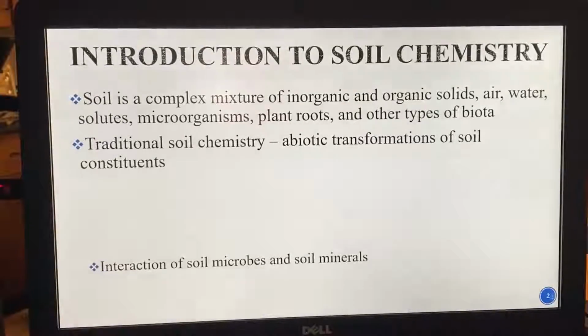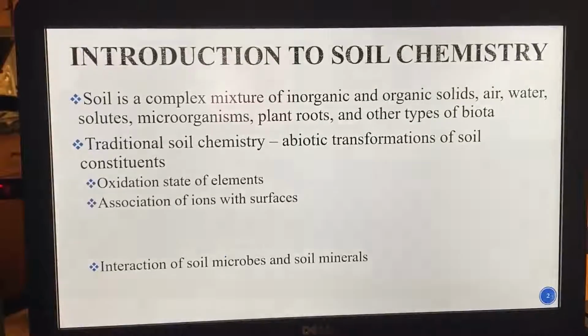So when we talk about the biota, we mean microorganisms or macroorganisms, like ants or earthworms creating channels that allow the air to move in. We typically look at the oxidation states of the elements, and so when we have air moving, we have oxygen, and that is going to change the oxidation state of that element.